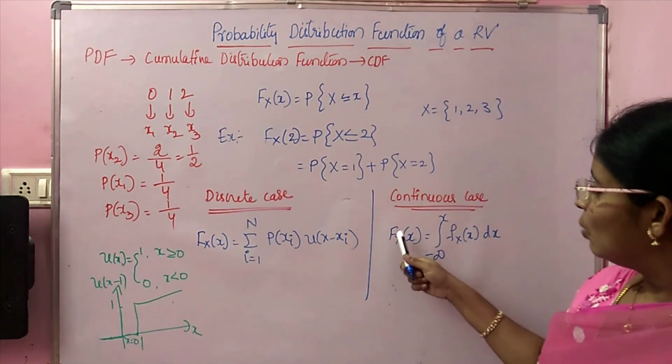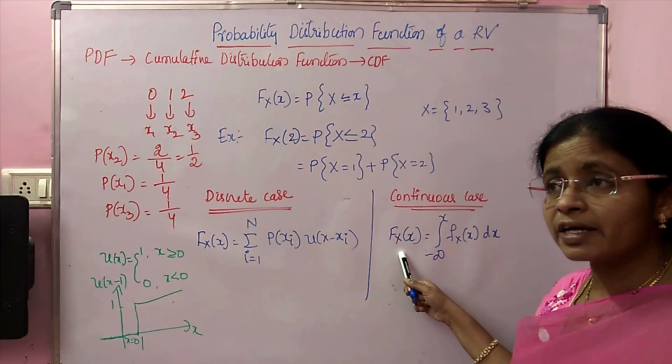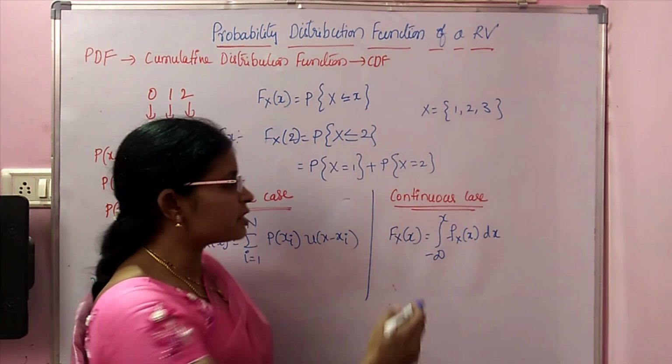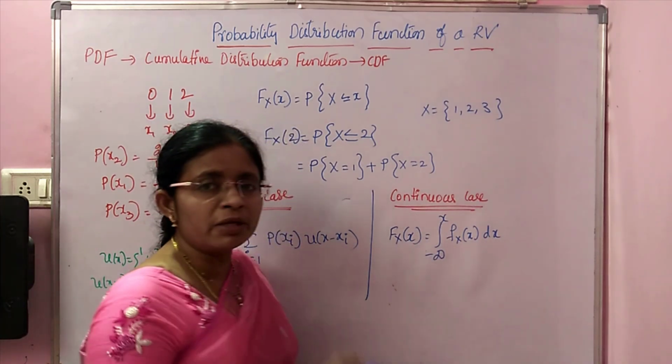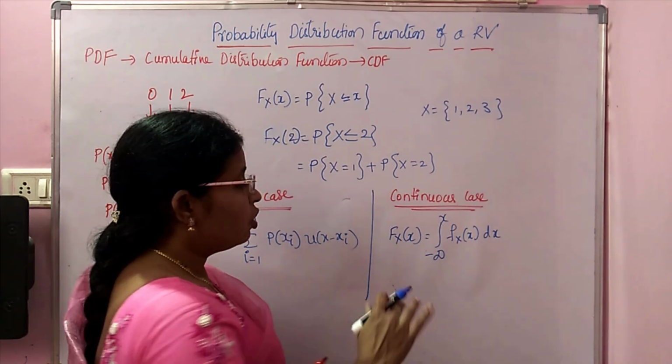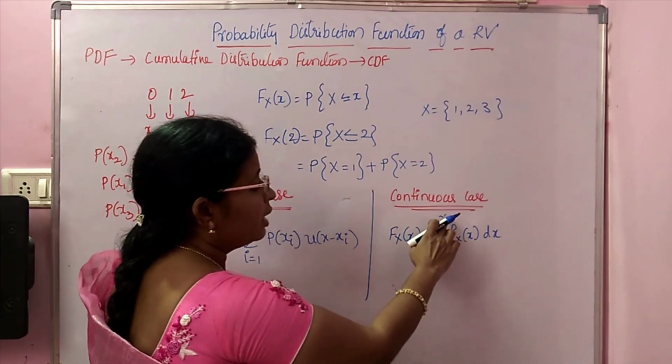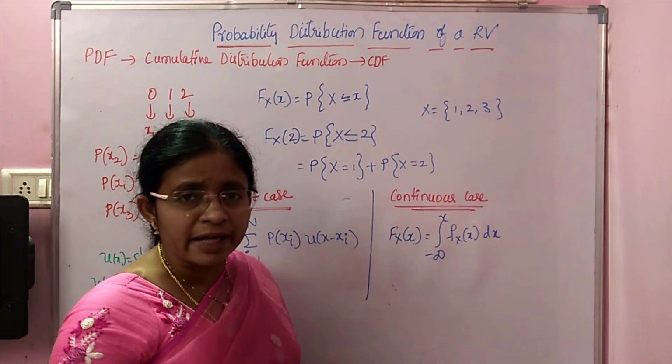See this. What is this capital Fx of x? Probability distribution function. What is small fx of x? Small fx of x is the probability density function.